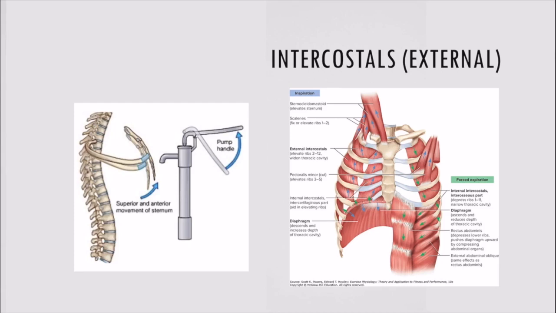Its secondary job, as I mentioned at the beginning, is that it can assist with inspiration, the external intercostals. In the upper chest, the external intercostals can help create that anterior and superior expansion, helping with the pump handle motion of the upper chest. We'll do breathing pattern assessments in lab, but when you look at someone's movement pattern, the upper chest has the least amount of lateral movement and the most of this bucket handle movement.